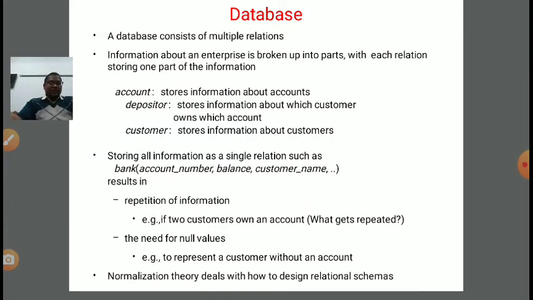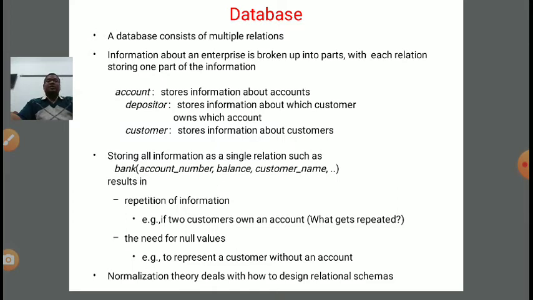Information about an enterprise is broken up into parts, with each relation storing one part of the information. Example, in a banking scenario, account stores information about accounts, depositor stores information about which customer owns which account.